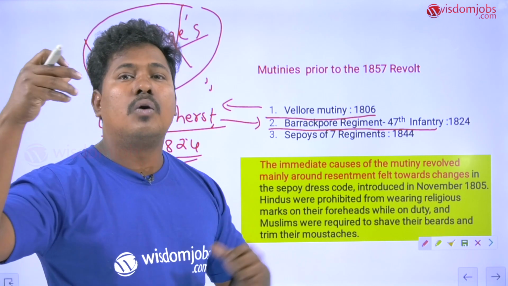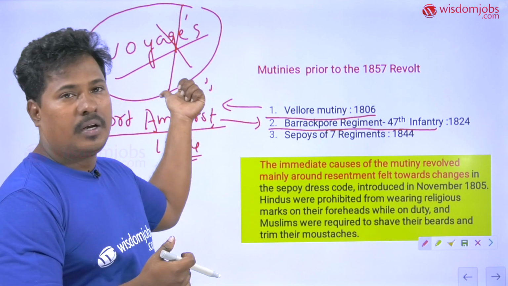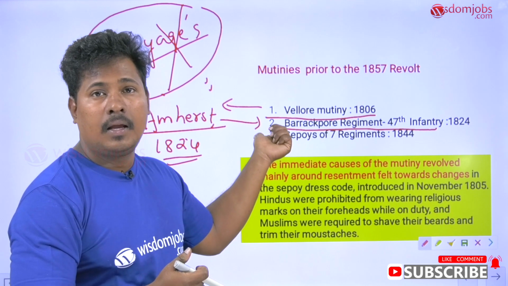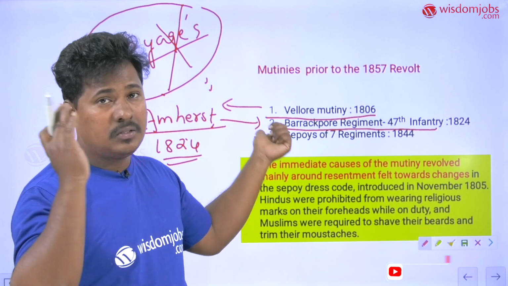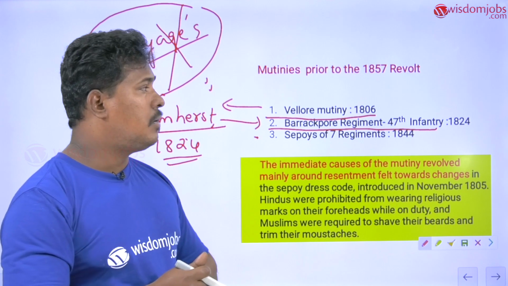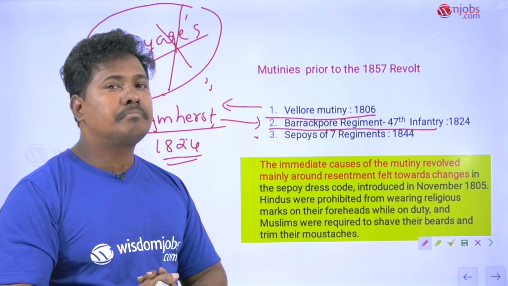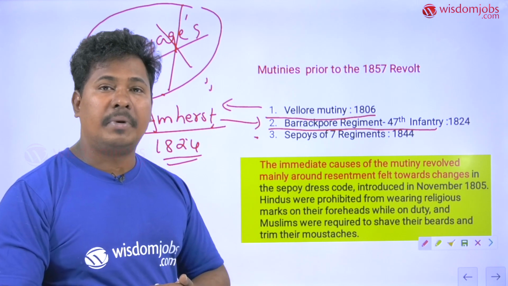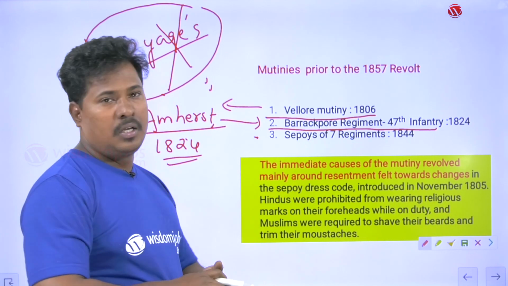But that was not the culture of Indian Sipais. So they finally rejected, and there was a huge mutiny against the British soldiers and Governor General Amherst.